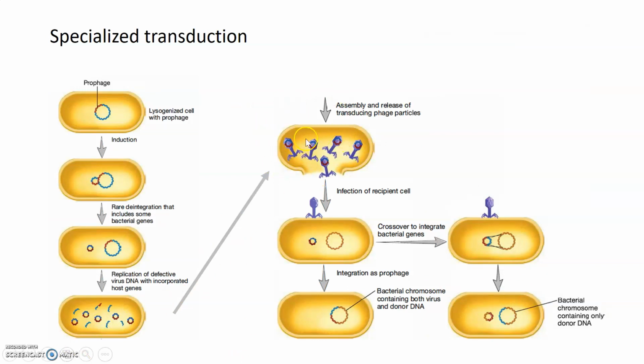And they are then incorporated into the assembling virions or phage particles. And as you notice here, each single one of these phage particles contains some viral DNA in red and some bacterial DNA, which makes every single one of the phages generated from this mechanism a transducing phage, or a phage that's capable of transferring bacterial DNA to a new cell.